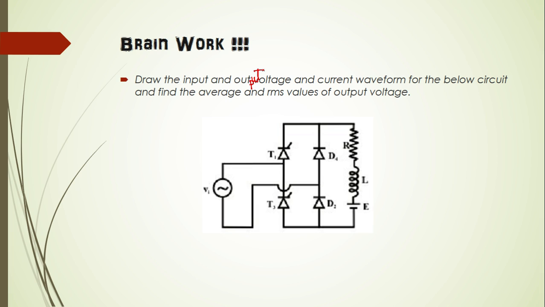Draw the input and the output voltage and current waveforms for this circuit and find out the average and RMS values. This will be very interesting if you try to do this.